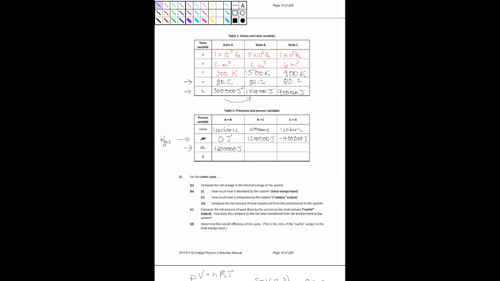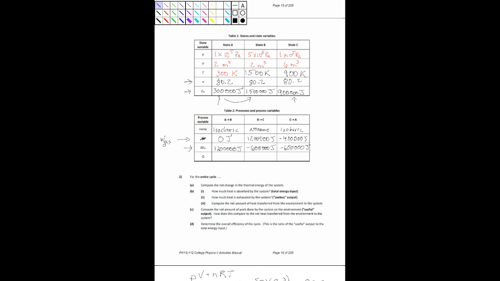Again, we just look at the final thermal energy and subtract the initial, and if you notice, we actually decrease the amount of thermal energy. We end up losing 600,000, so it's negative 600,000 joules. Similarly, as we go from state C to state A, we lose another 600,000 joules. Okay. So that is the change in the thermal energy as we move from one state to the other.